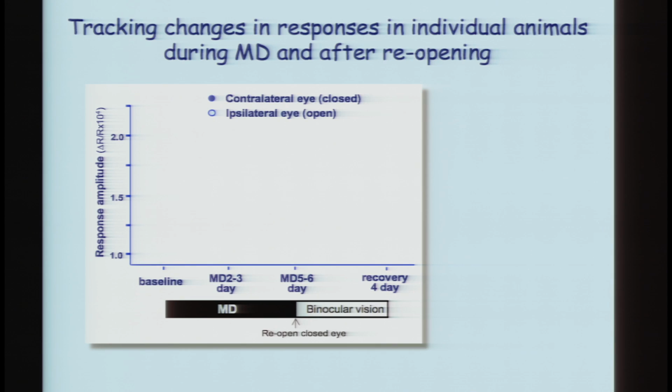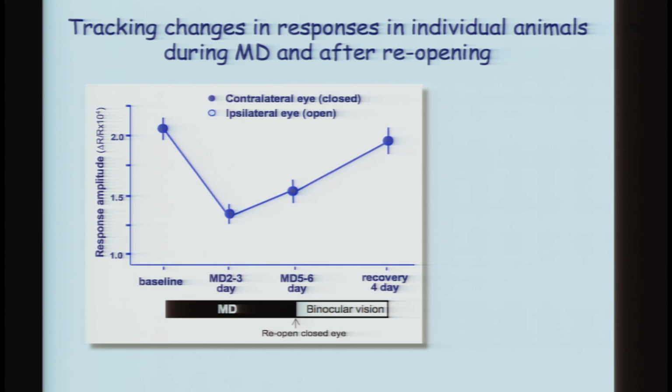But of course, the mouse has tremendous advantages in that we can use a variety of techniques to track responses over time in individual animals. When we did this, looking at the sequence of events during the induction of plasticity by occluding the vision of one eye briefly during early life, we see that the initial effect is a loss of response to the closed eye, and then that response stays stable after an initial very rapid loss.